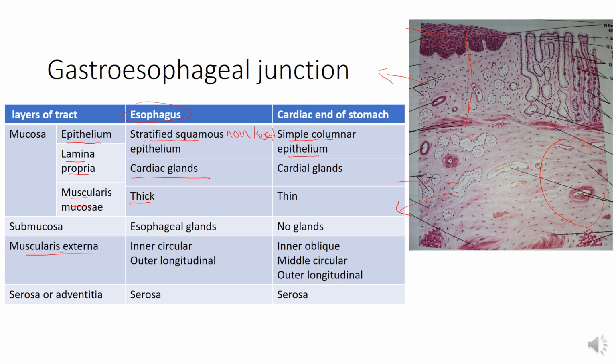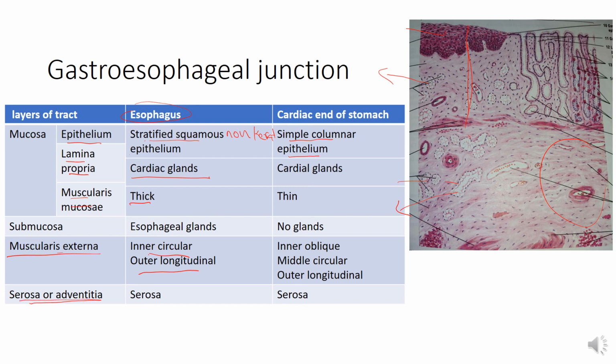Muscularis externa. So esophagus has an inner circular and outer longitudinal layer, while the stomach has inner oblique, middle circular, and outer longitudinal. So two layers in the esophagus and three layers in the stomach. Serosa or adventitia.